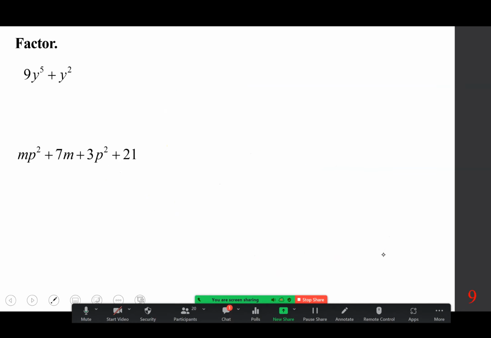The next thing we want to spend a couple of minutes on is factoring. To do the factoring, we take a common factor out. The very first step is to take the GCF, which stands for the greatest common factor.